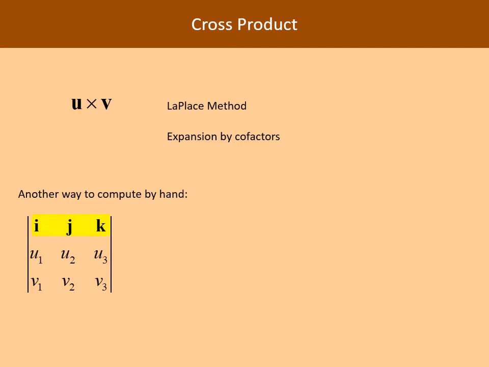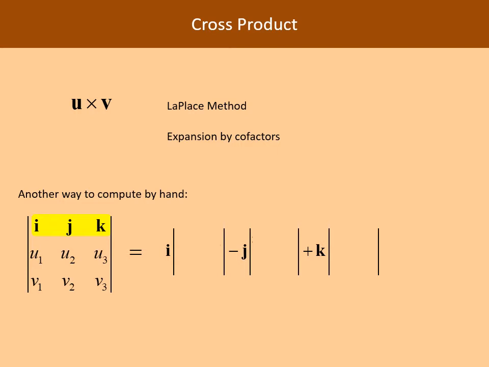We'll start with just the top row. Take each component, and the signs would be positive, negative, and positive. I can't go into all the details about how to get the right signs if you expand by other places, but I can show you that in class sometime.